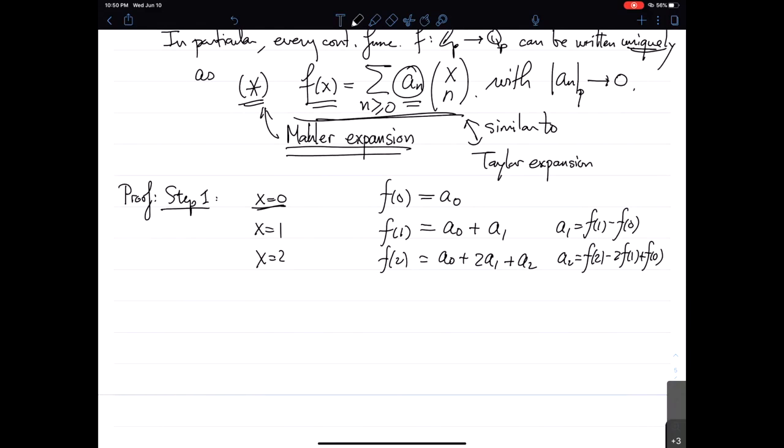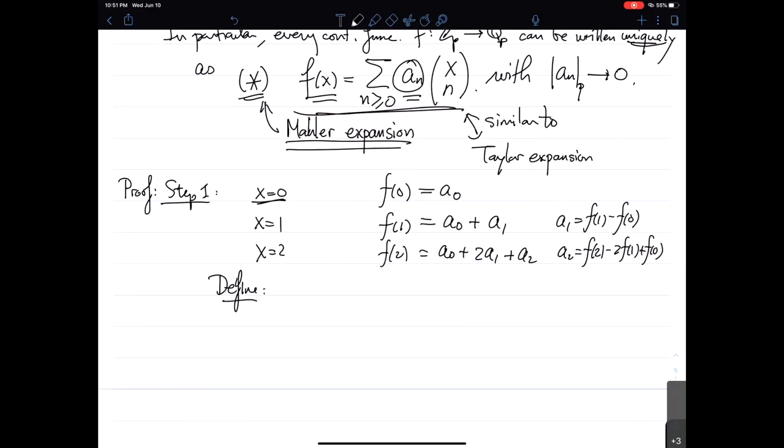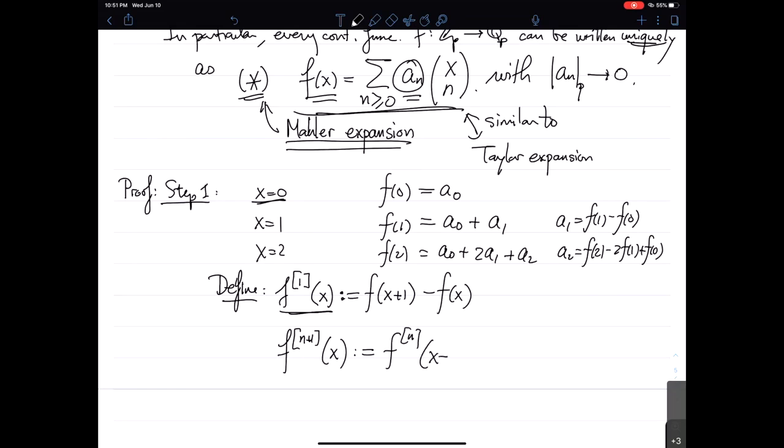I want to find them, so let's do it in a more systematic way. I want to define f bracket 1. There are other ways to write this. This is not a very standard notation. It takes the difference of f in x, so it's a difference function, and then I can take the n plus first difference to be the difference function for the previous one.